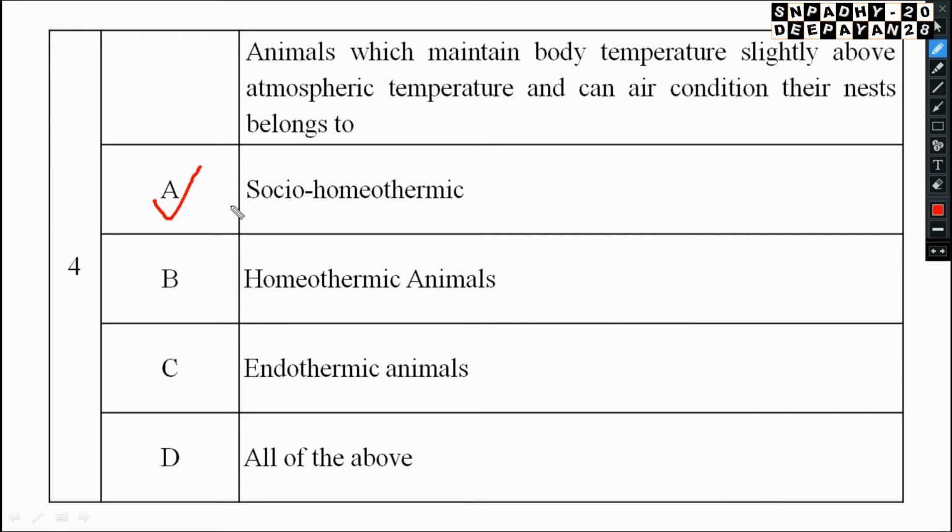They cannot maintain their body temperature, but due to their social activity they can maintain a constant colony or nest temperature. Those are honeybees, the socio-homeothermic animals.